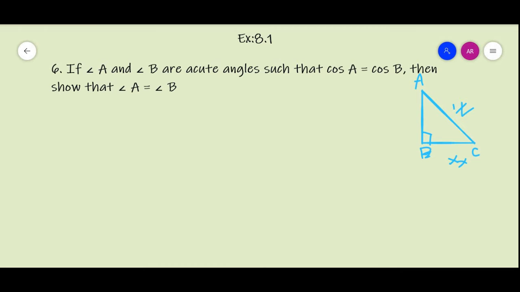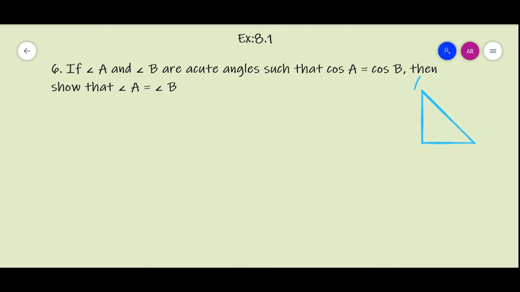You shouldn't draw a diagram like this, because here angle B is actually 90 degrees, but they said that angle A and angle B should be acute angles, which means more than 0 degrees and less than 90 degrees. Here we have a right angle and not an acute angle, so we have to change our triangle. Let's change the naming of the triangle so that it's simpler rather than drawing another one.